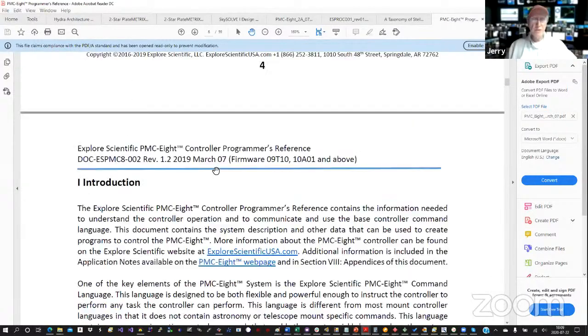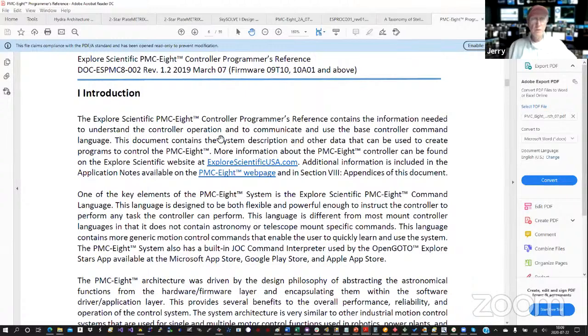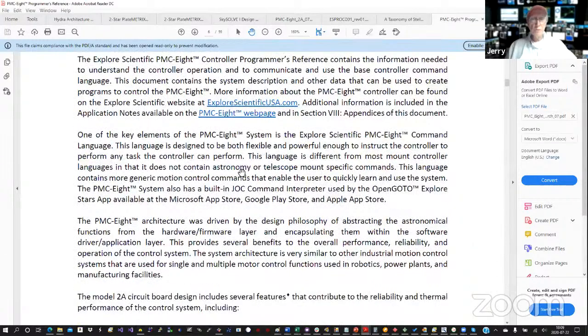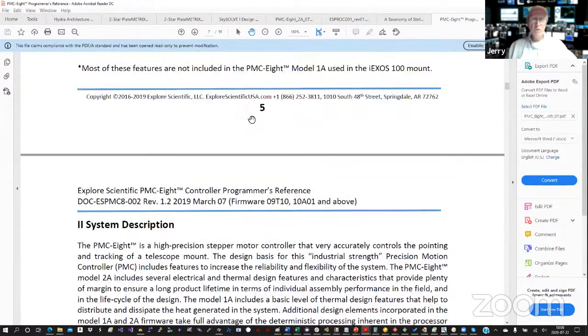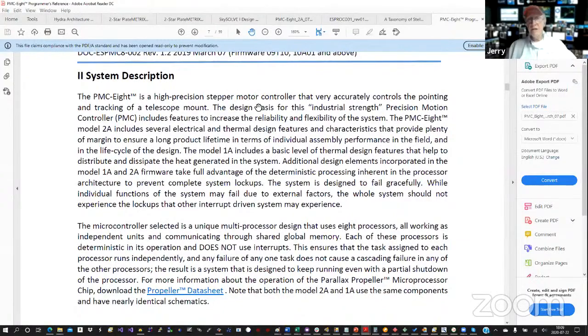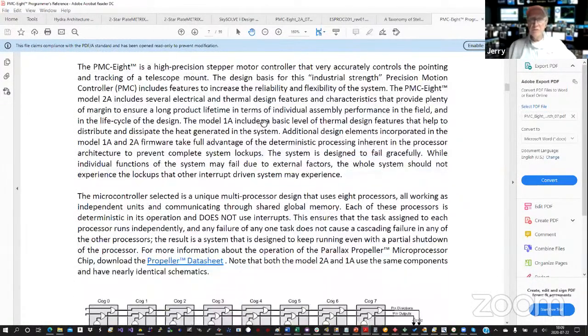It's not that much information, but it gives you a good overview of what the system does and what's involved with it, and tells you some specifications about it, how it was designed, what it's designed to do.